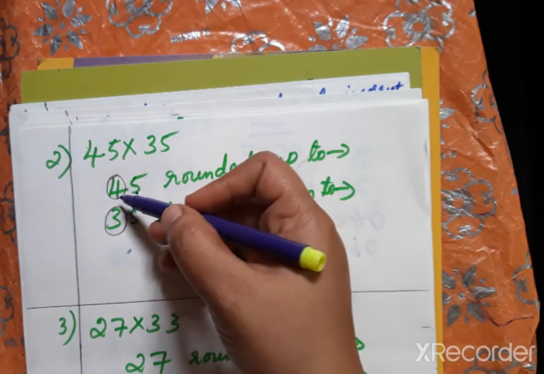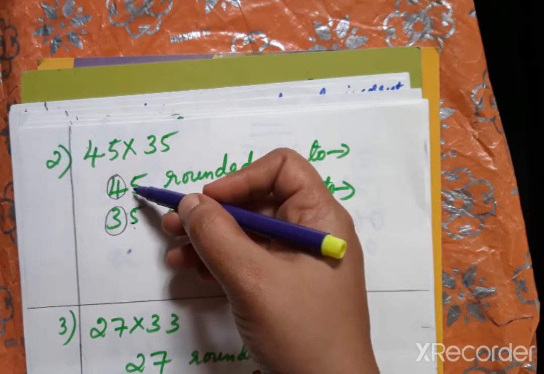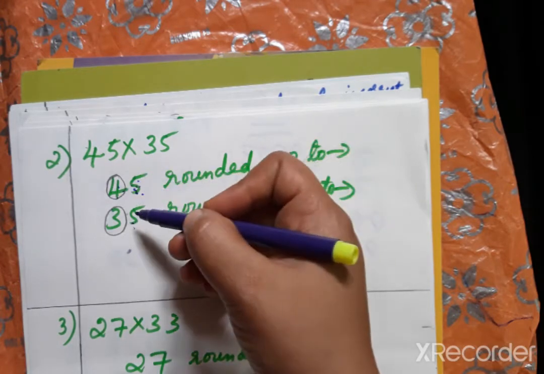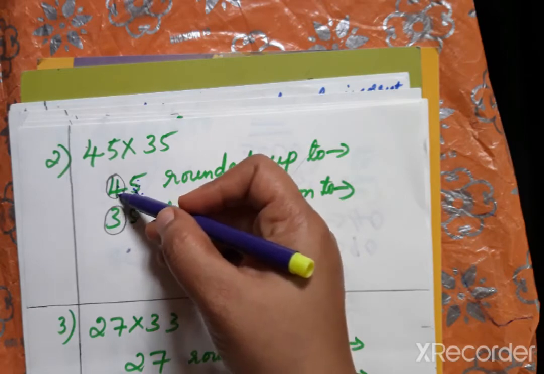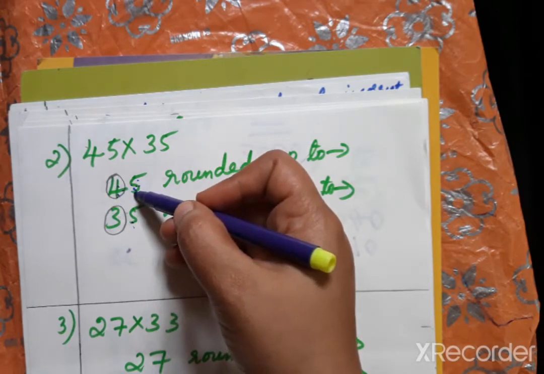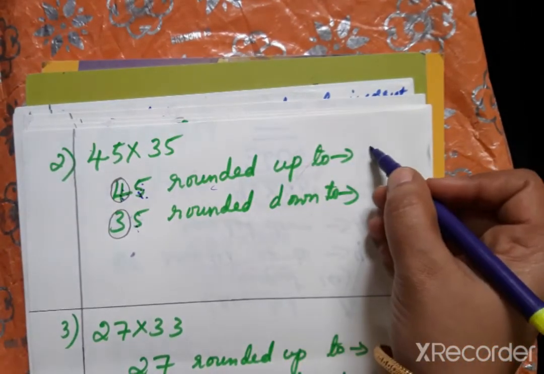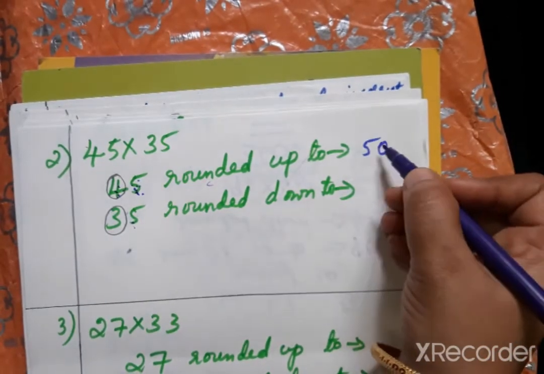So the first number we are rounding up, because both are 5, we can increase the value here. Both could be rounded up, but here it is specially mentioned that one number is rounded up and one number you have to round down. So for 45, 4 we are rounding up, knock next door and ask 5 or greater than 5. So 5 means 1 is added, rounded up, so 4 will become 5, and once the door is knocked this number will become 0.